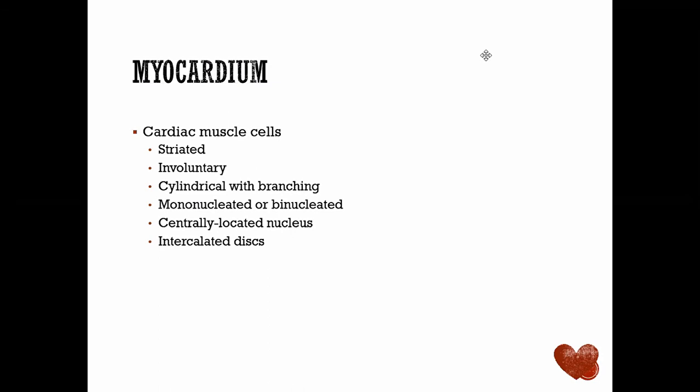Okay. So your cardiac muscle cells, you know that they are mononucleated or binucleated, with a centrally located nucleus, and the presence of intercalated discs gives a distinct character to your cardiac muscle cells.